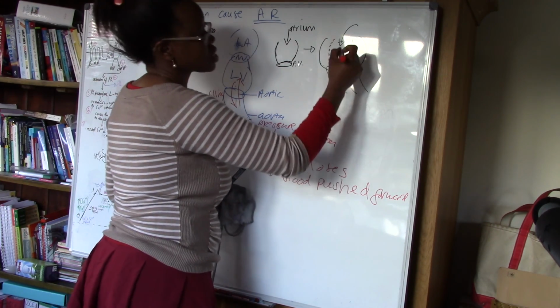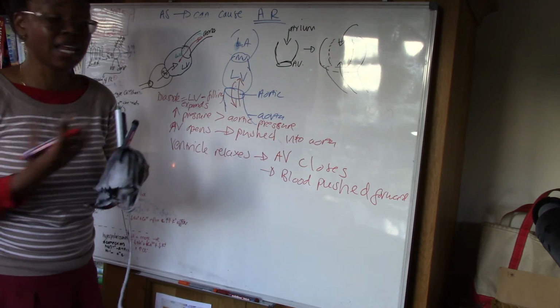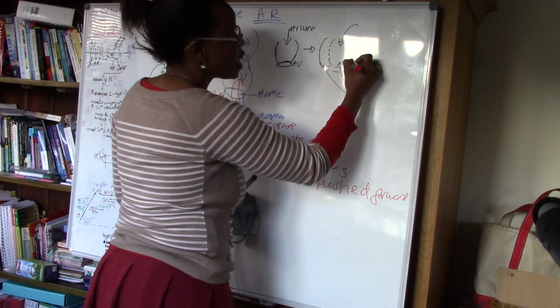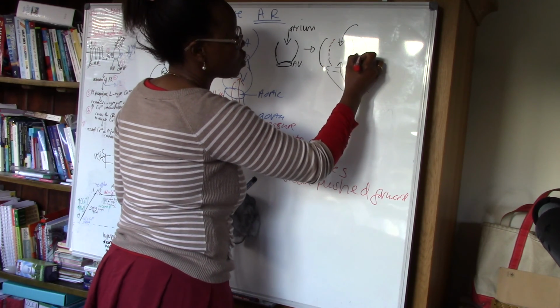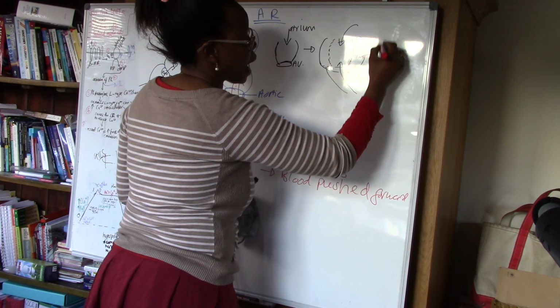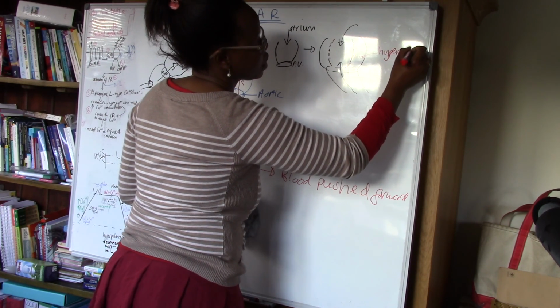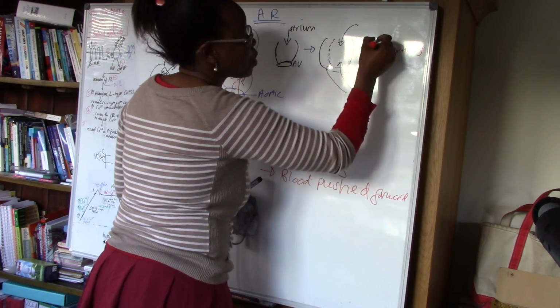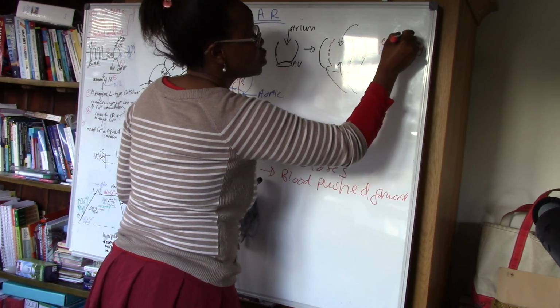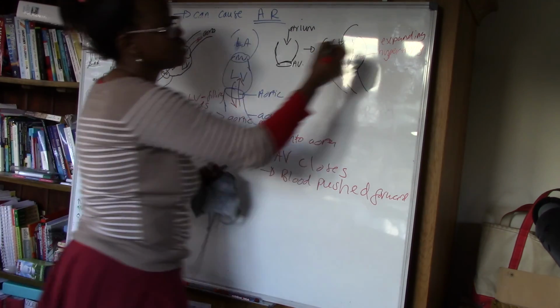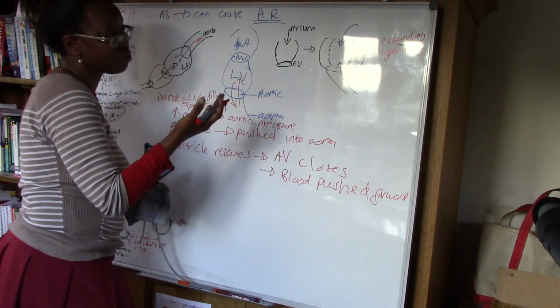Due to the Starling mechanism and the compensatory mechanisms of the heart, it forces the ventricle muscle to hypertrophy, because it keeps expanding to accommodate more volume, and it eventually hypertrophies.